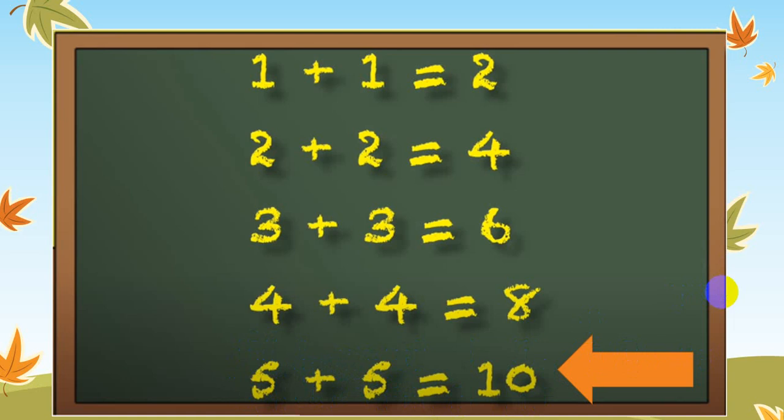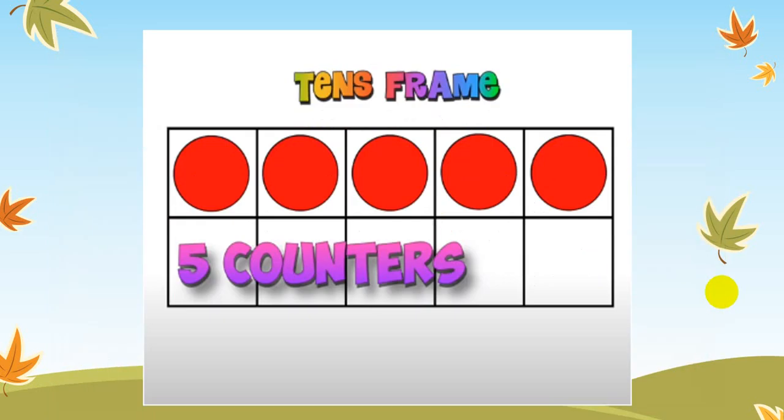Let's do it on the 10 frame. Here I have 5 counters, 1, 2, 3, 4, 5. How many counters will I need to make the double of 5? Yes, it's too easy because I have the same amount on the top and the bottom of the 10 frame.